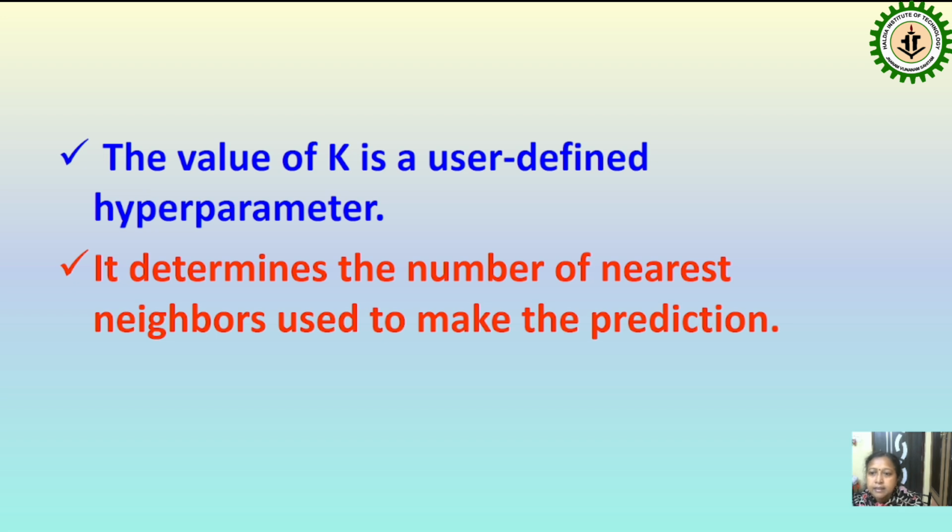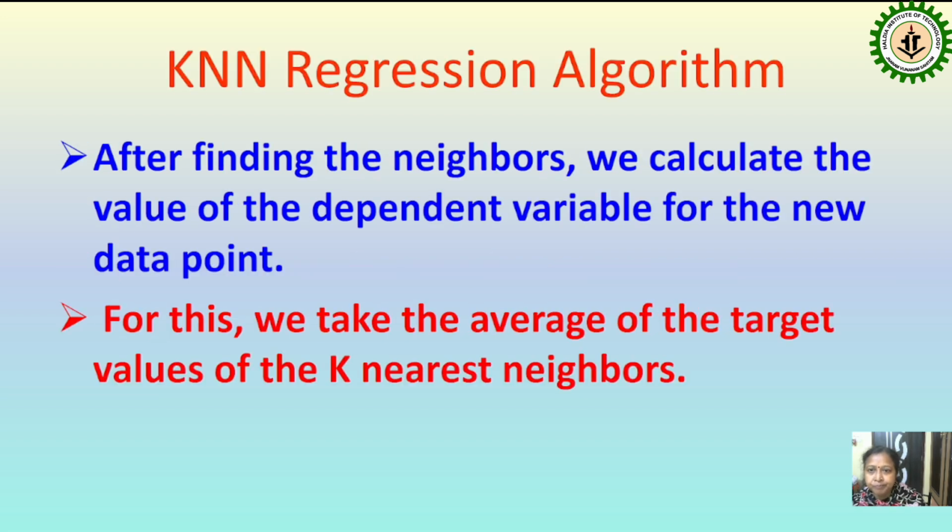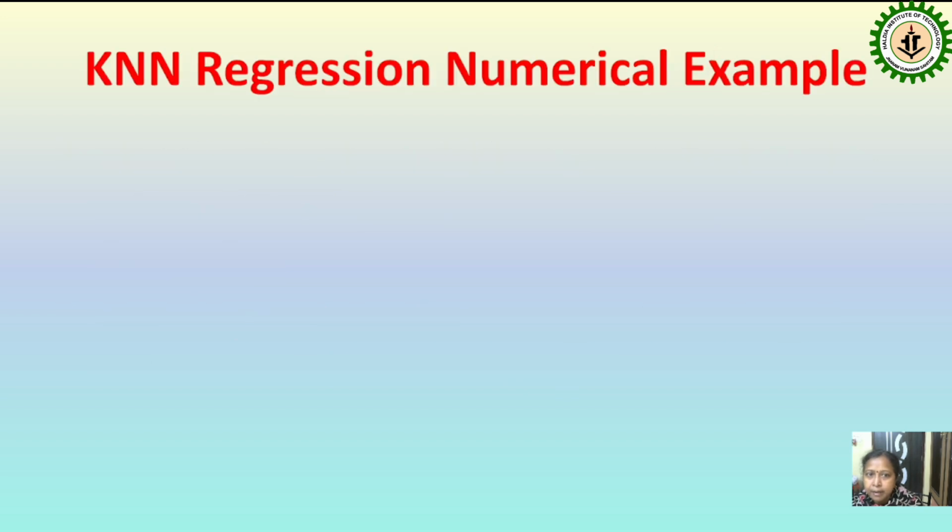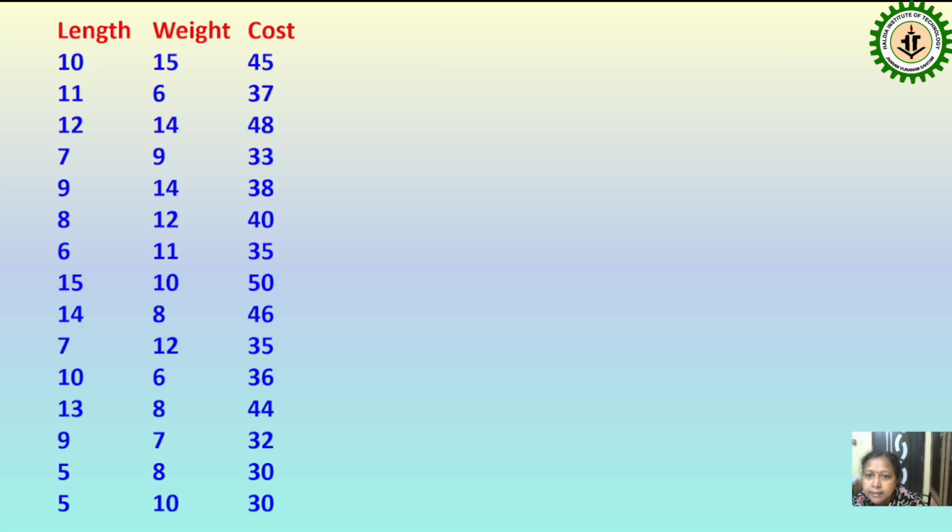It determines the number of nearest neighbors used to make the predictions. After finding the neighbors, we calculate the value of the dependent variable for the new data point. For this, we take the average of the target values of the k nearest neighbors. Now I will explain one numerical example.